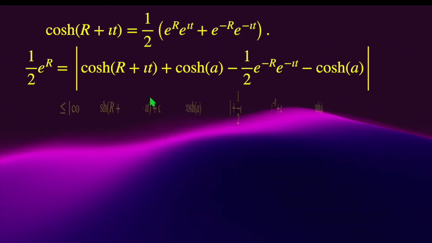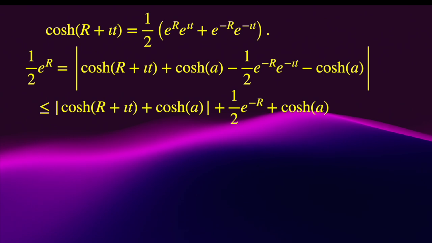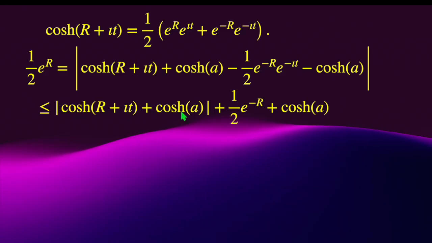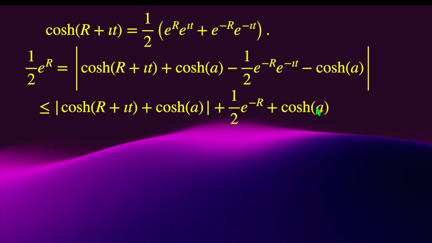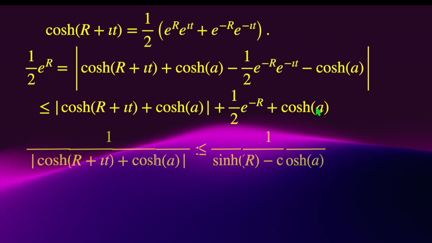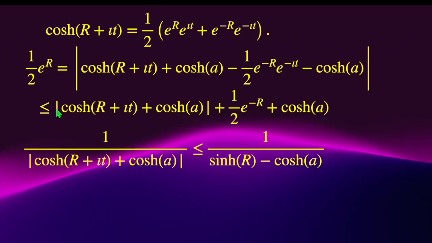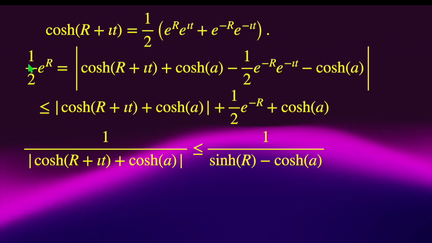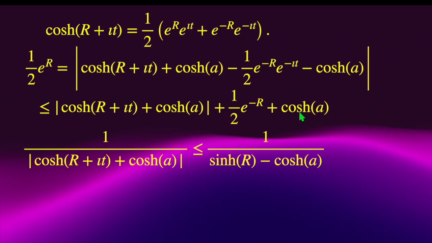Now by the triangle inequality, we get this formula, so this quantity is bigger than 1 over 2 e^R minus this quantity.